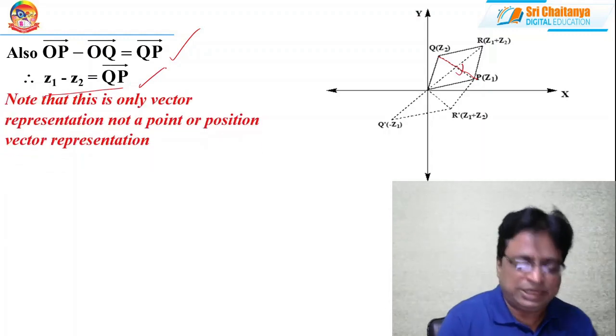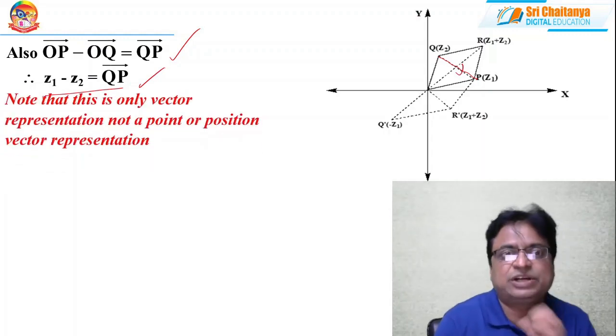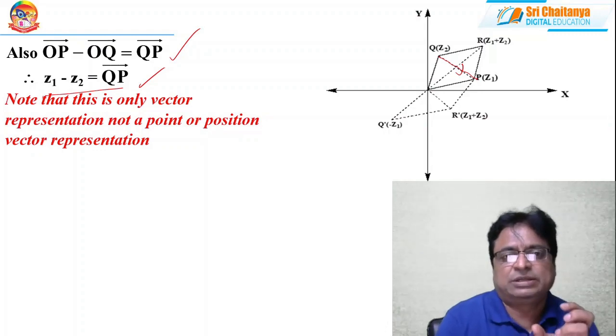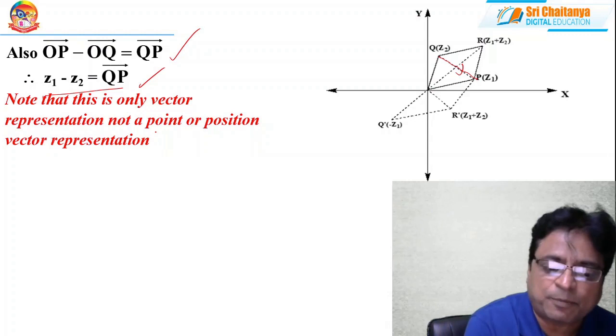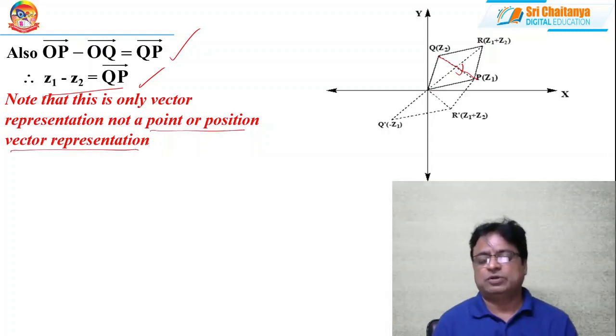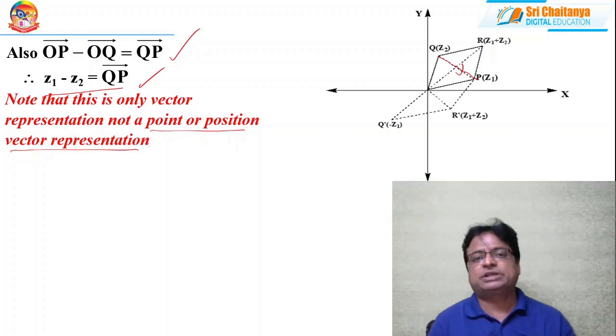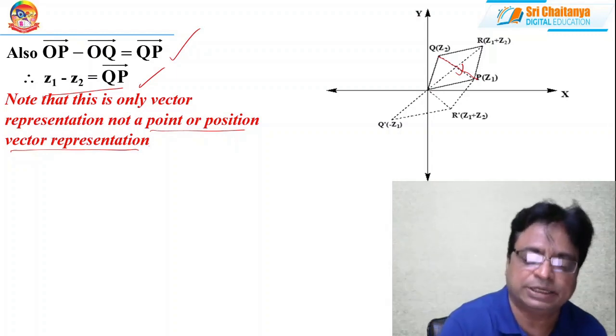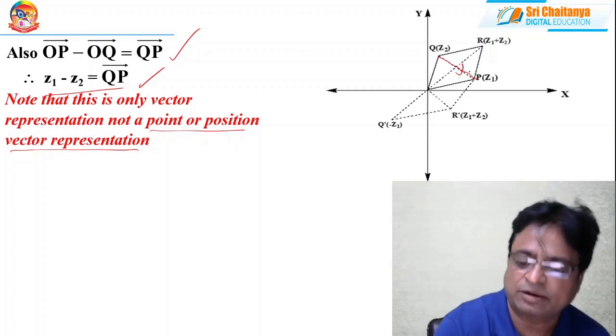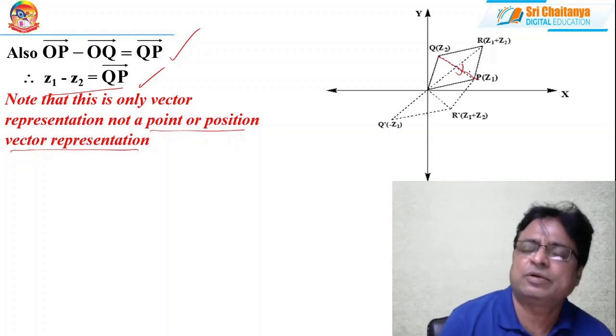So here QP bar is Z1 minus Z2. This is only the vector representation, not the point or position vector representation. As a vector representation, Z1 minus Z2 indicates another diagonal of the parallelogram.